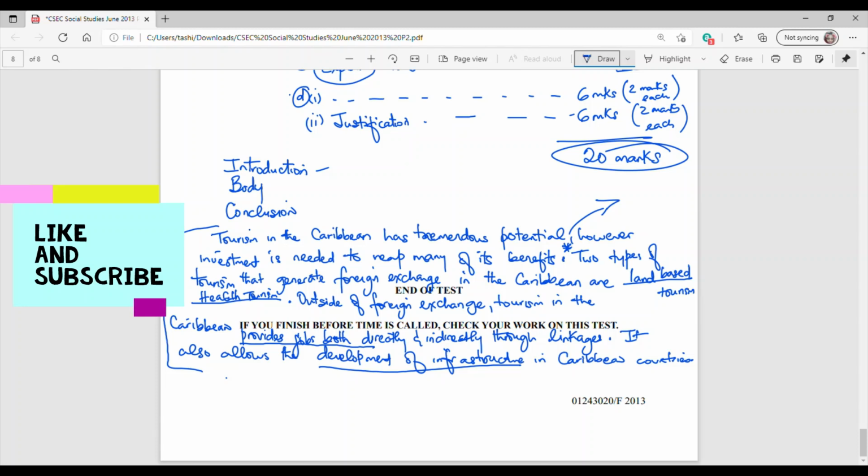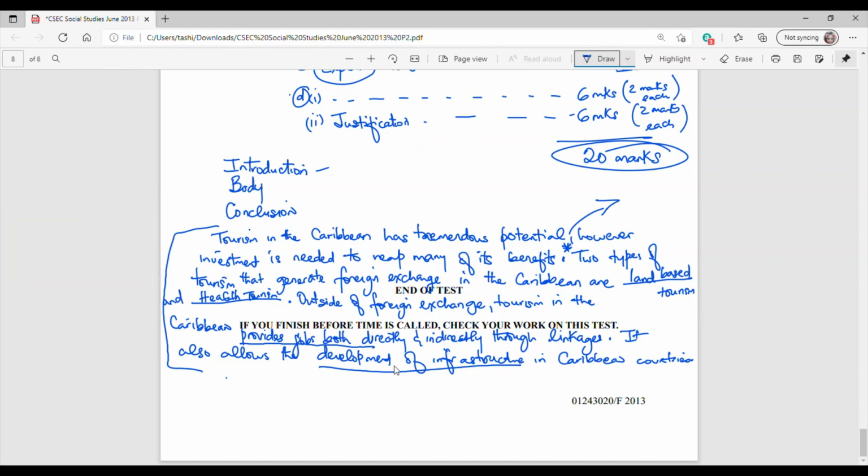They may offer something else that the Caribbean countries do not have. So as a result of that, visitors now may prefer to go to those other places. And when the visitors go to those other places, it means then that it would reduce the number of visitors that actually come to the Caribbean. So we would get a reduction in the number of visitors.